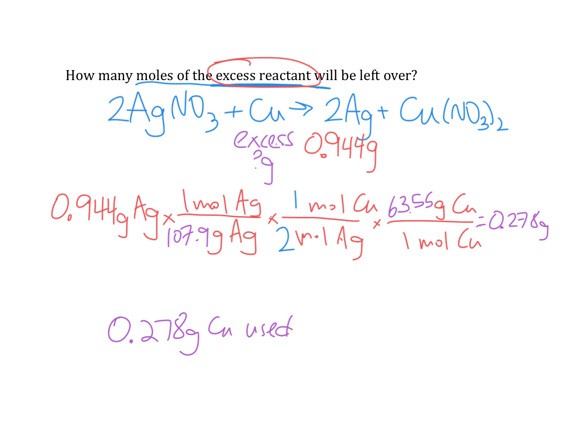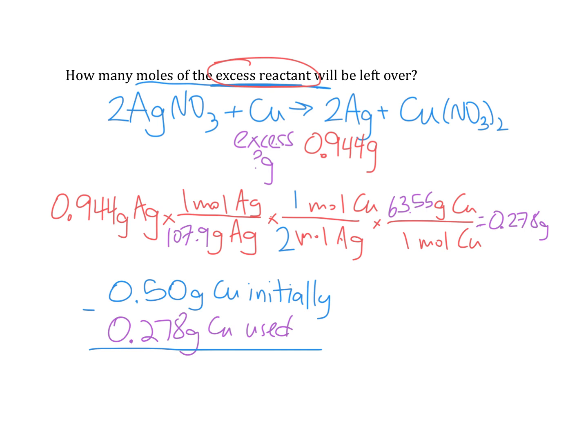To figure out the amount of copper left over, we start with how much copper we had at the beginning. So we had 0.50 grams of copper initially, and we used 0.278. So if we want to know how much is left over, we will subtract those two.